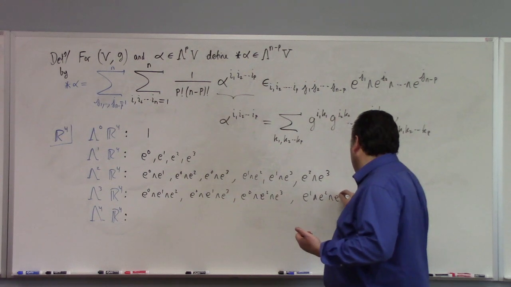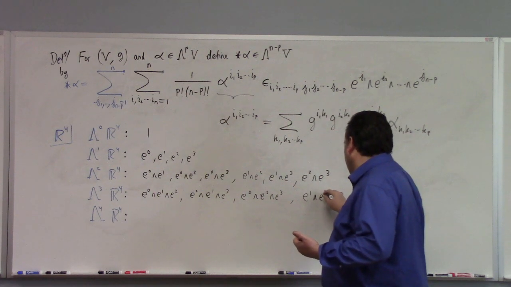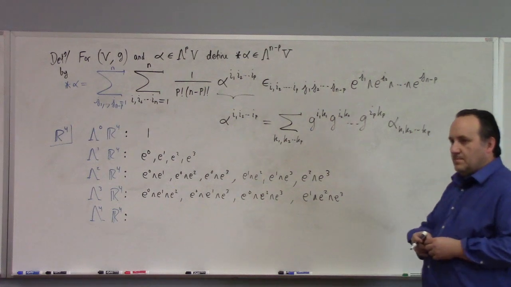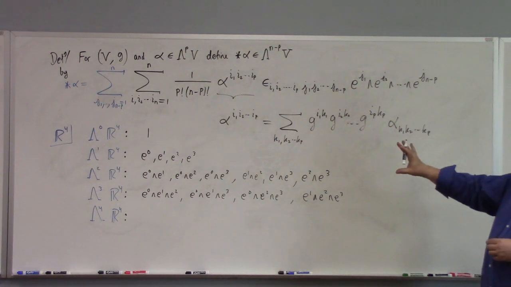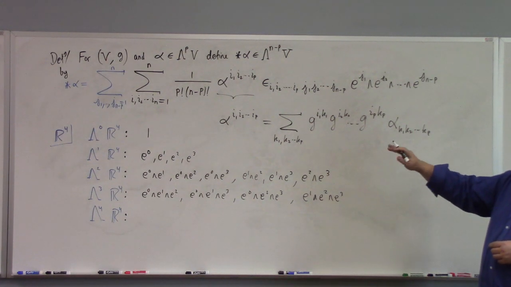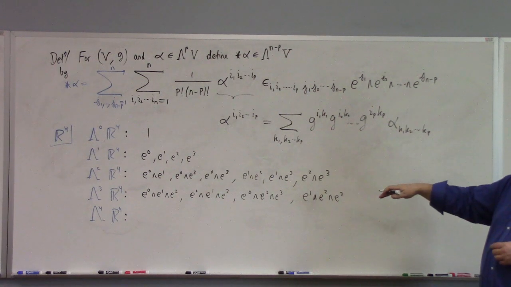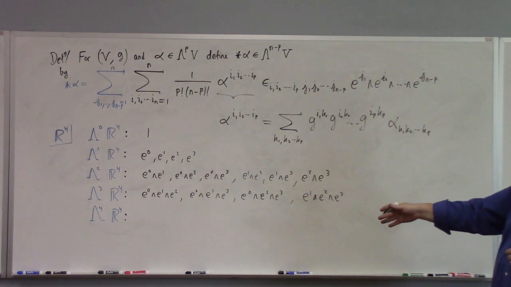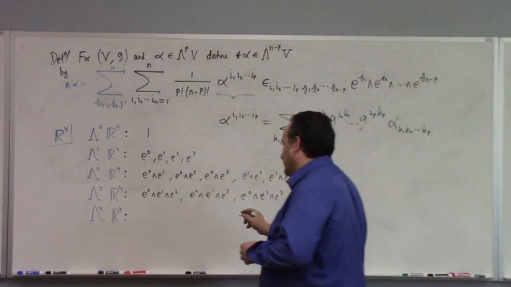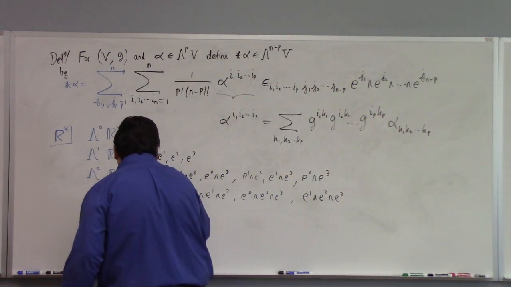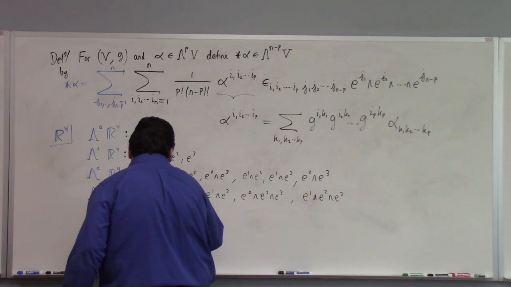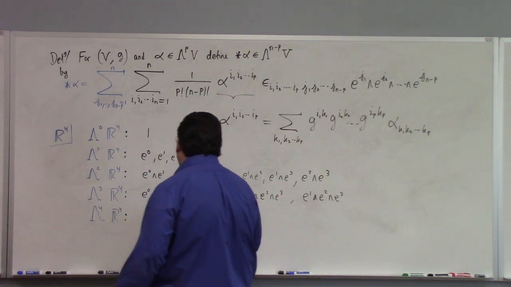That was the top form for R3. So what I'm writing now are the bases for 0-forms, 1-forms, 2-forms, 3-forms. The 4-form is easier: there's just one, e0 wedge e1 wedge e2 wedge e3. Cool.